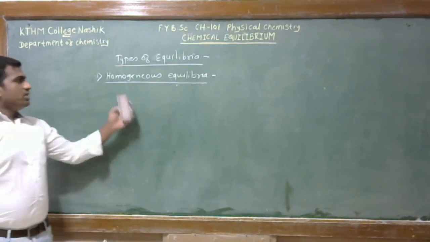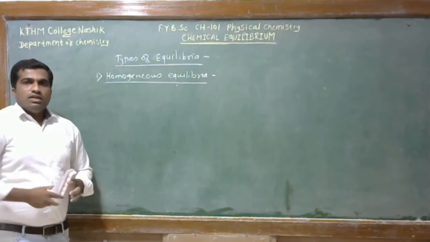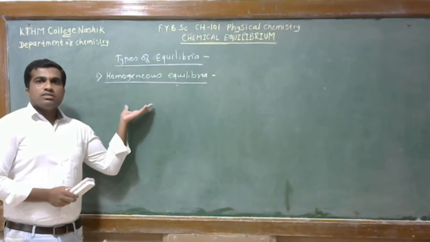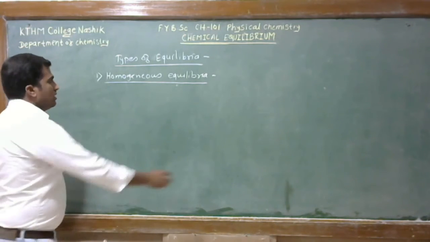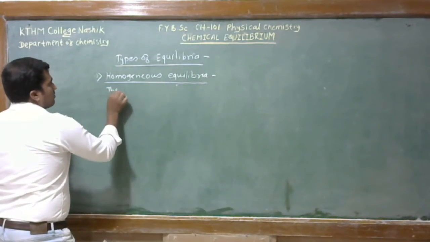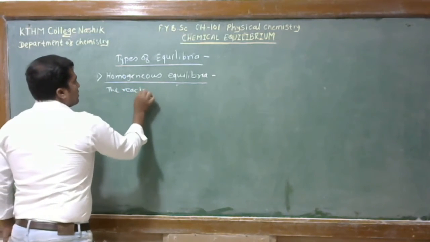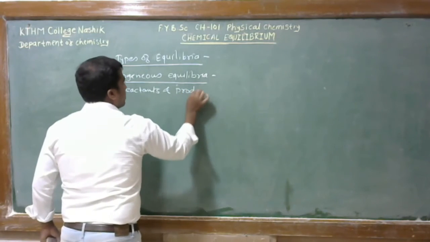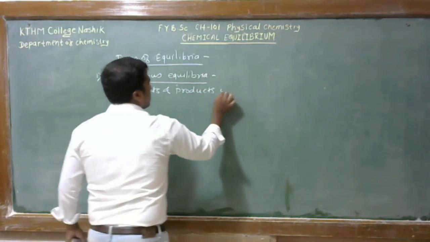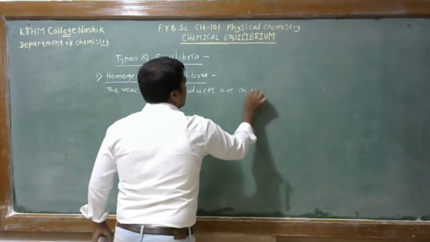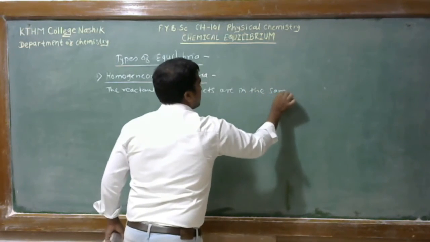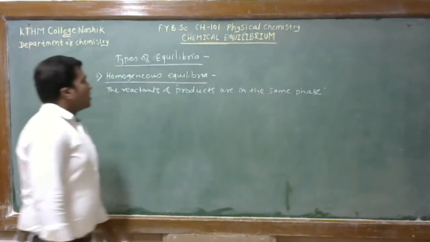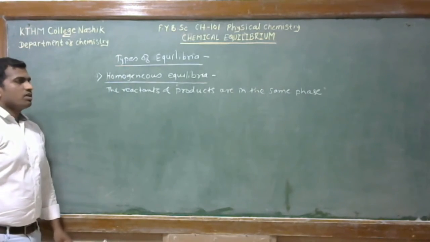So what do you mean by homogeneous equilibrium? In the first type, the reactants and products are in the same phase, known as the homogeneous equilibrium.